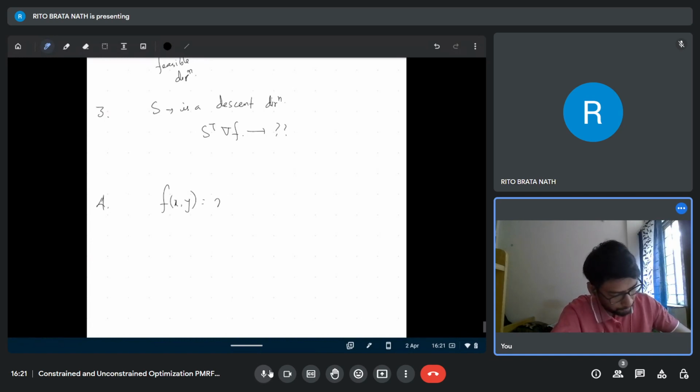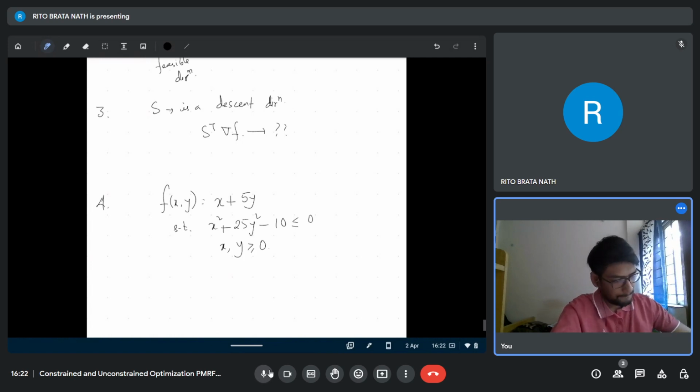Suppose I am picking x plus 5y subject to x squared plus 25y squared minus 10 less than or equal to 0, and xy greater than or equal to 0. Actually, let me make it 25.